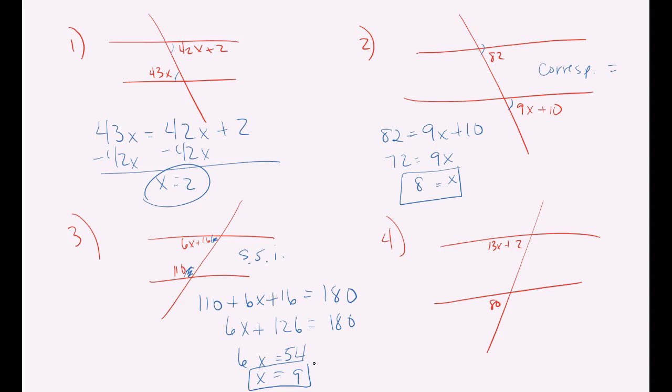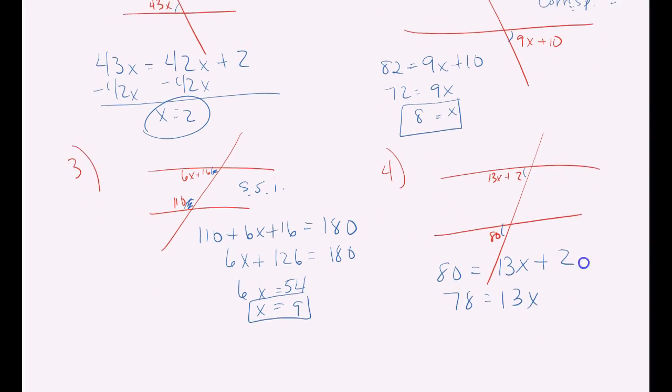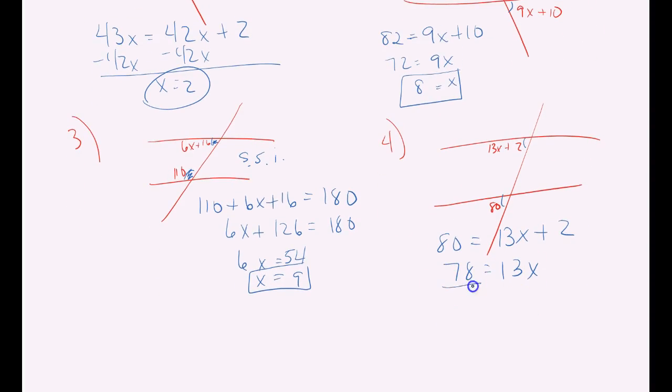And then this one, if I compare this one and this one, those are corresponding just like the one up here, which means they are congruent. So I need to set them equal if they are congruent. And if so, that's a 78, that's a 13. Let's see, does 13 go into 78 evenly? I sure hope so.